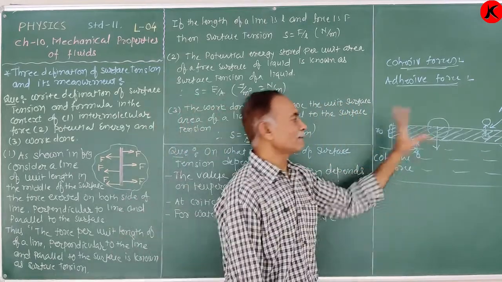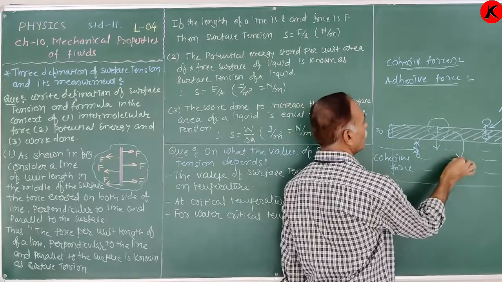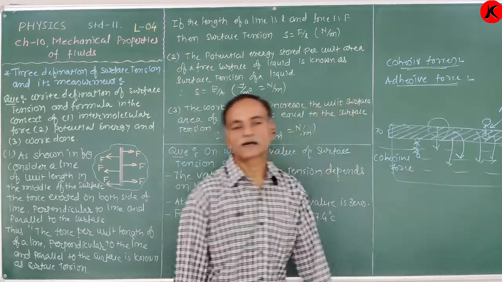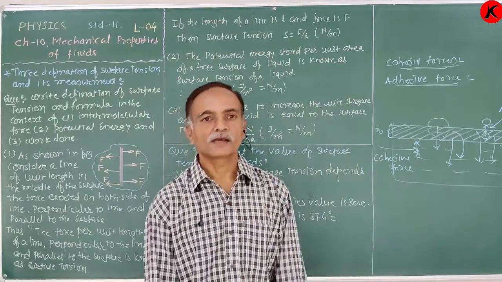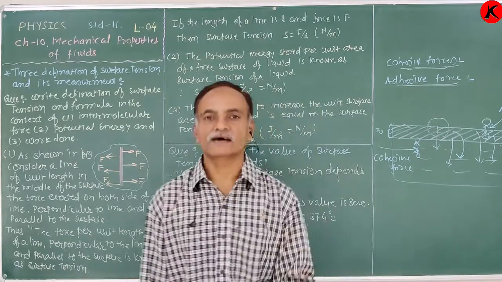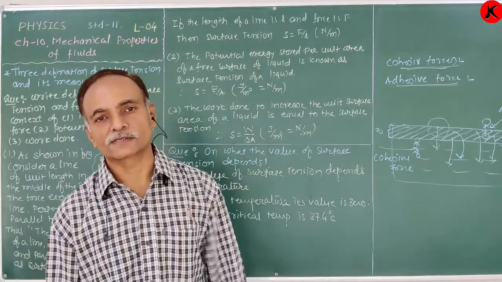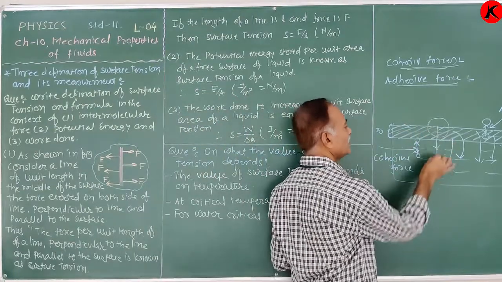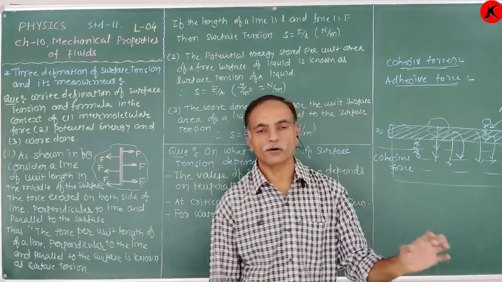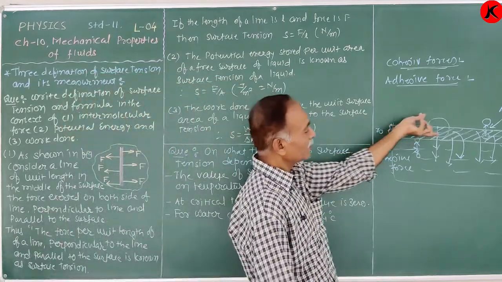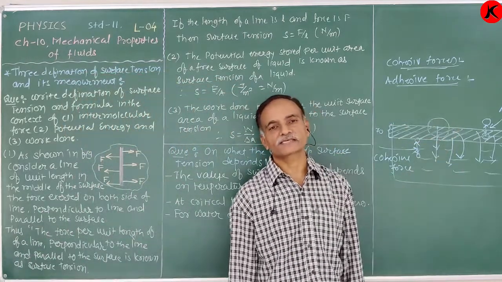Why do the molecules of the fluid have the tendency to go below the surface? Because the molecules within this surface are under a downward directional force. That means, due to the cohesive force exerted on each and every molecule of this surface, it has the tendency to go below the surface.